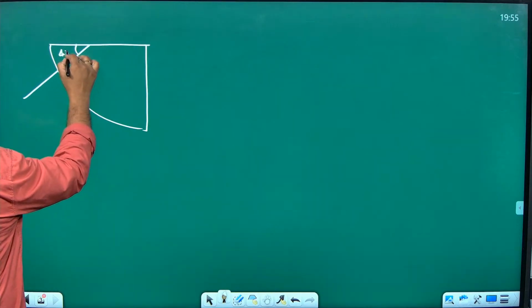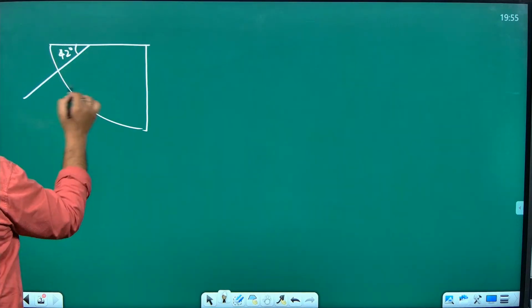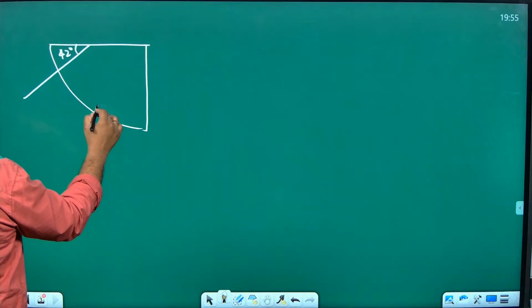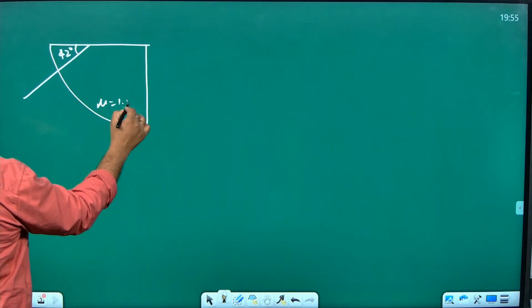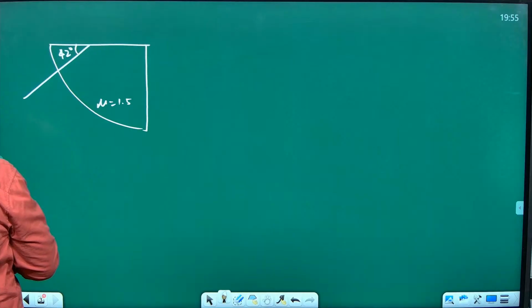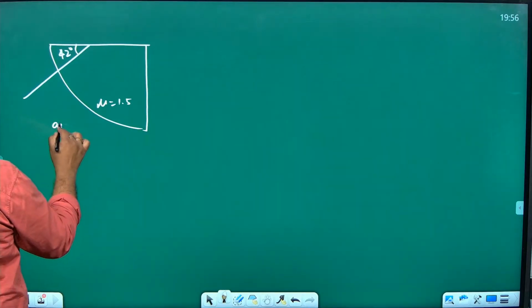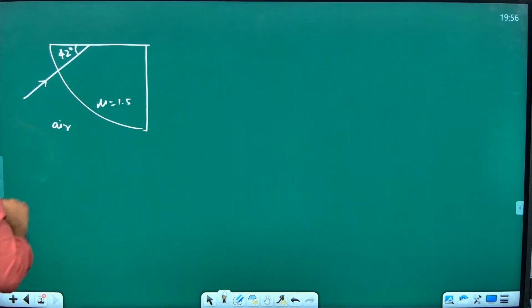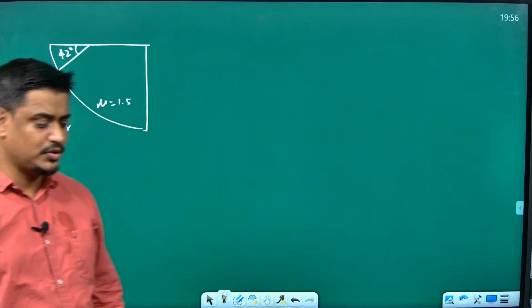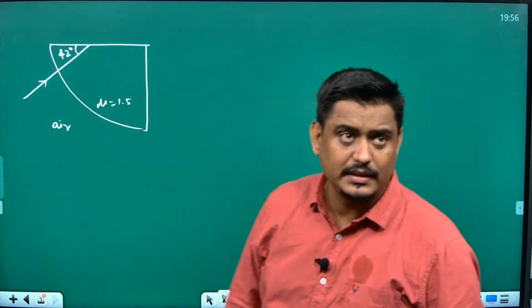This angle is 42 degrees. It is glass obviously, so it has refractive index of 1.5. Outside is air. You have to complete the path of the ray.